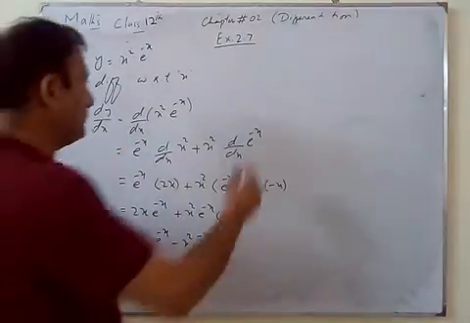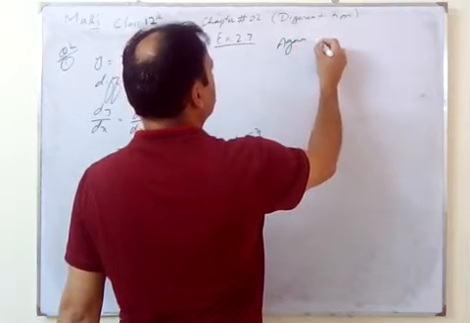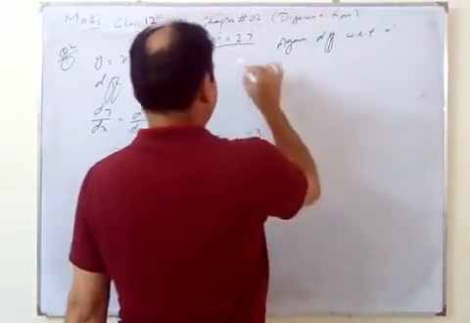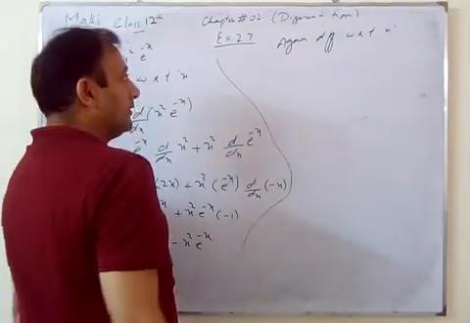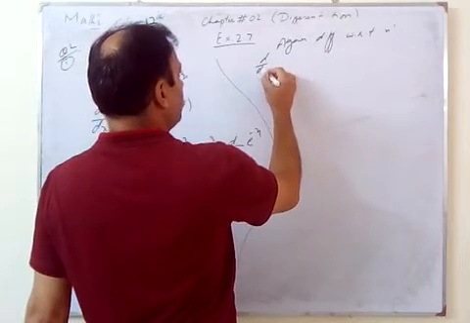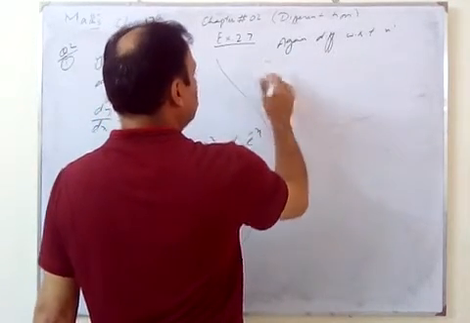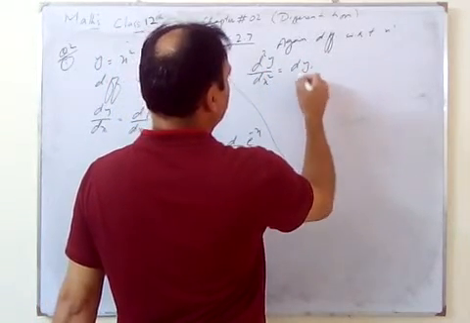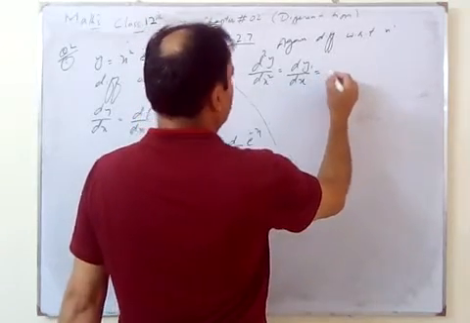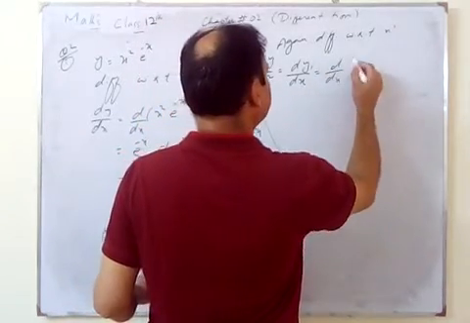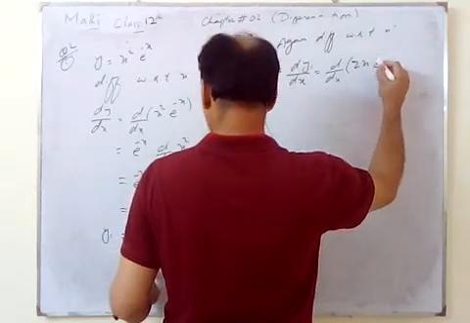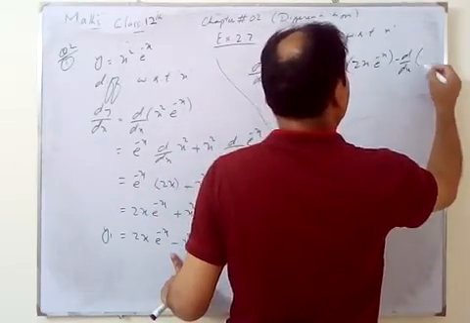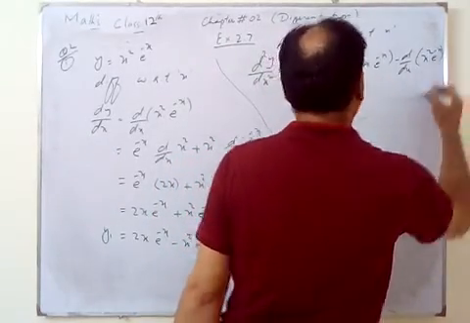Now again differentiate with respect to x. I write both ways. The derivative of 2x e power minus x minus x square e power minus x.